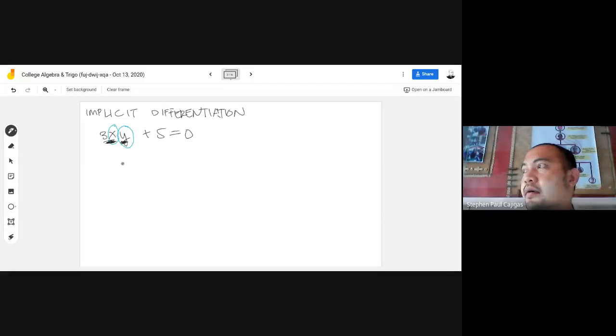So remember again, for the product rule, if we have f of x times g of x, the derivative of this is equal to f prime of x, g of x, plus f of x, g prime of x. So meaning, we will first get the derivative.